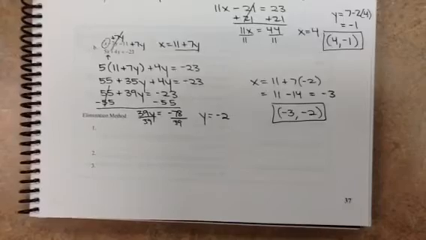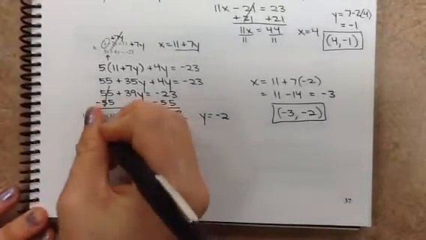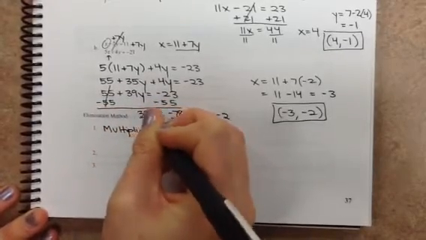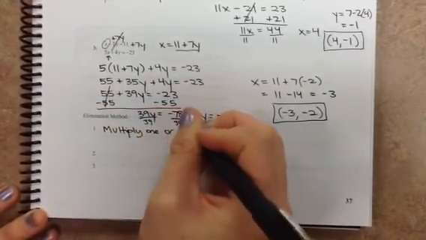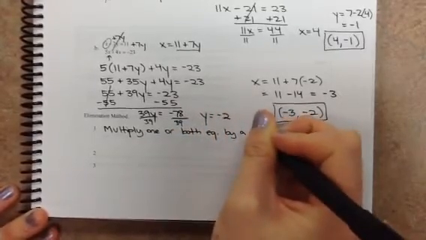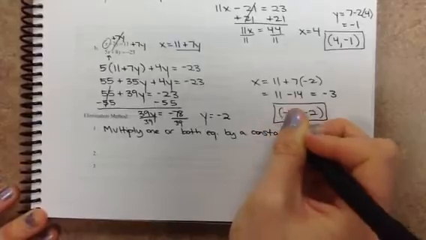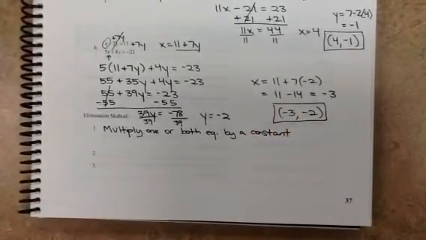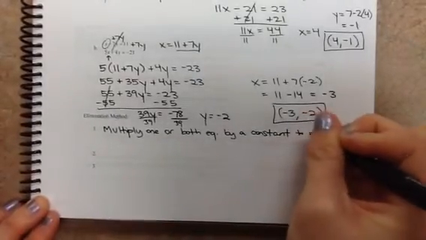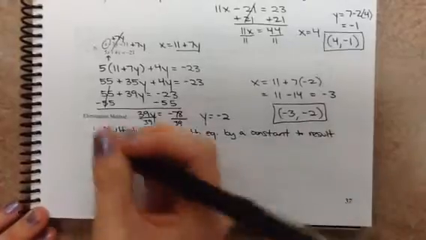So steps, we are going to first multiply one or both equations by a constant to result in equations with opposite terms. You'll see once we actually look at an example what we mean.